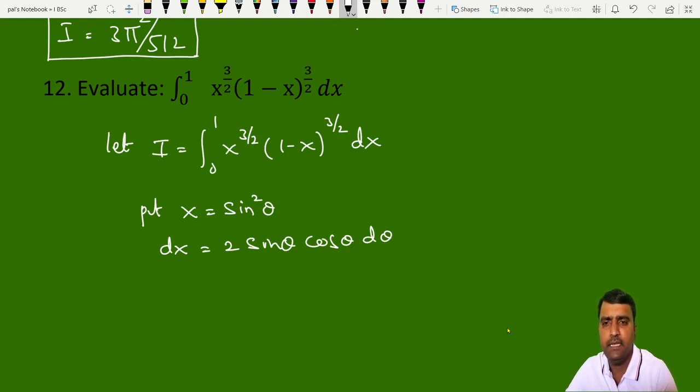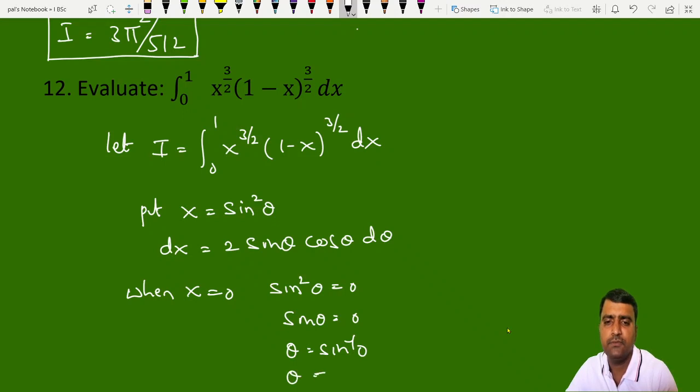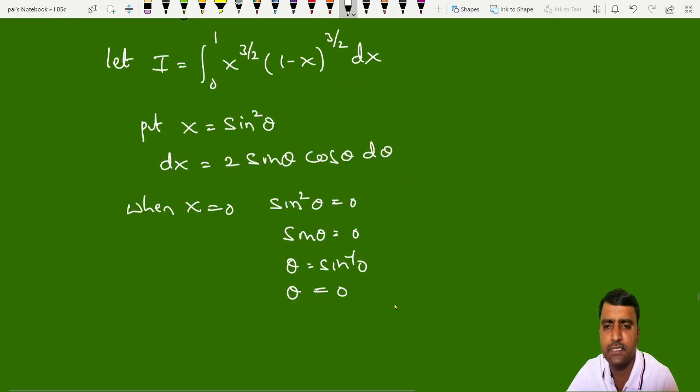Similarly, when x is equal to 0, then sine square theta is equal to 0, so sine theta is also 0. Then theta is equal to sine inverse of 0, which is 0 only. When x is 0, theta is equal to 0.